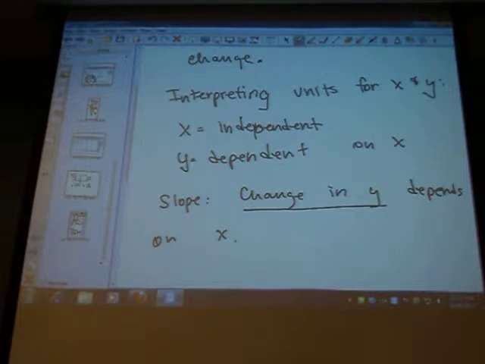So your change in your profit or your cost or whatever depends on the X value, which could be the year, could be the number of units.